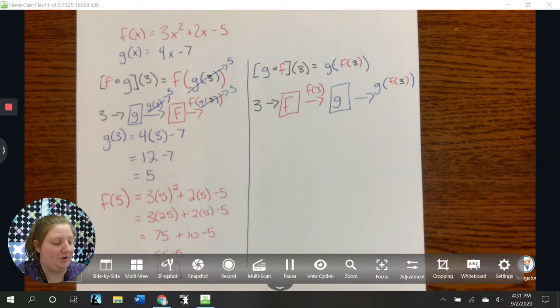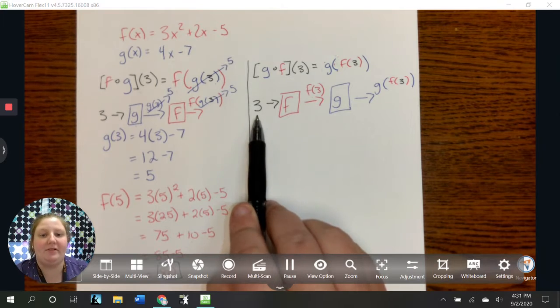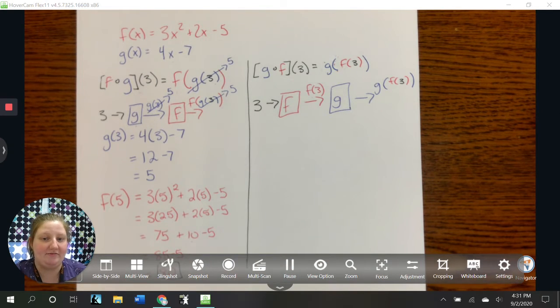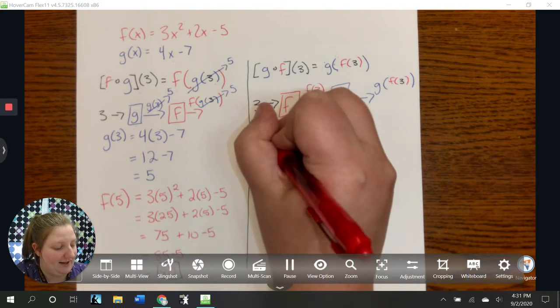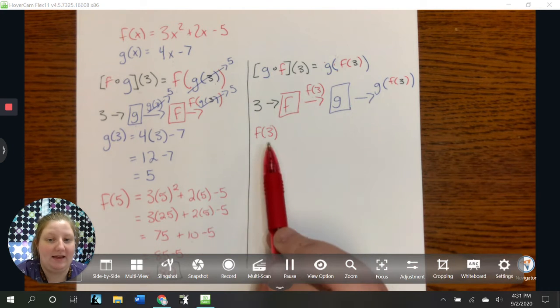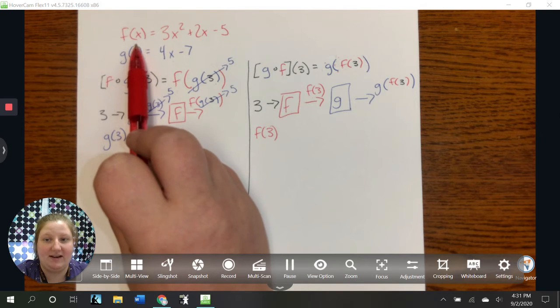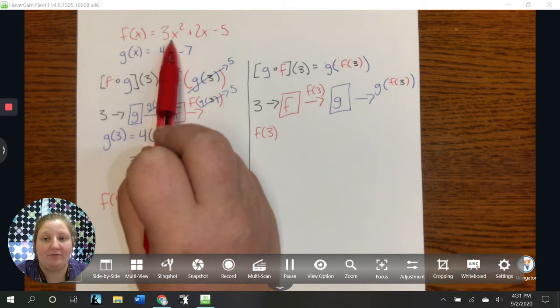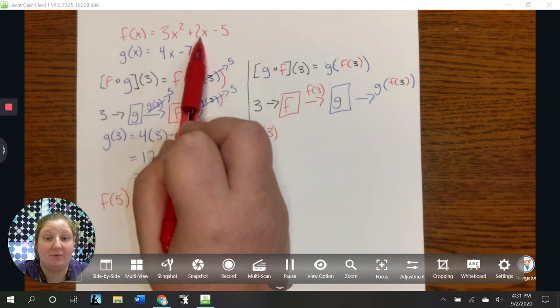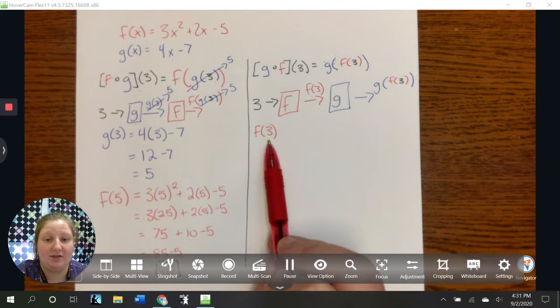So to start, we're going to start with the 3, and we're going to plug 3 into our function f. So we're starting by doing f of 3. And f of 3 means we take 3 and plug it into our function f, which is up here. So everywhere we have an x in this function, we're going to replace the x with 3.